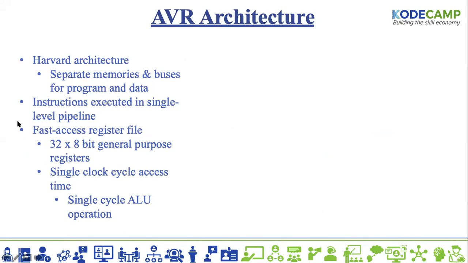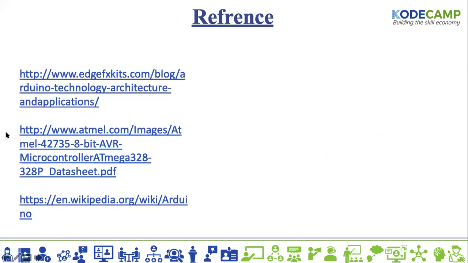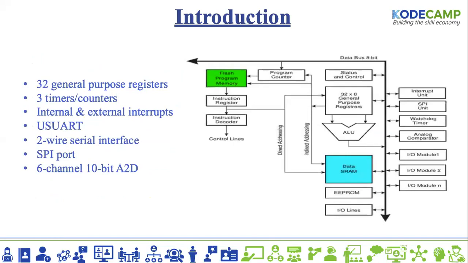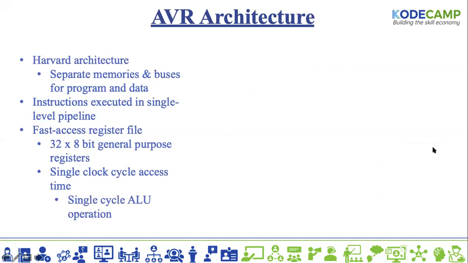These are the buses I'm talking about. With separate memories and buses, it has the ability to pick programs from one memory to another. That's one of the advantages of this microcontroller architecture. It runs on Harvard architecture.